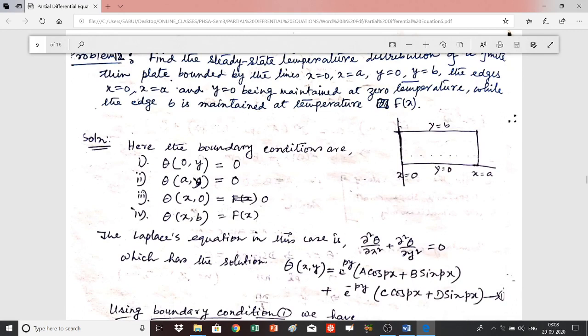Phi xy is equal to, and the two values e to the power py and e to the power minus py are separated here. So the first one is e to the power py times a cos px plus b sin px, and then plus e to the power minus py times c cos px plus d sin px. This is the solution.